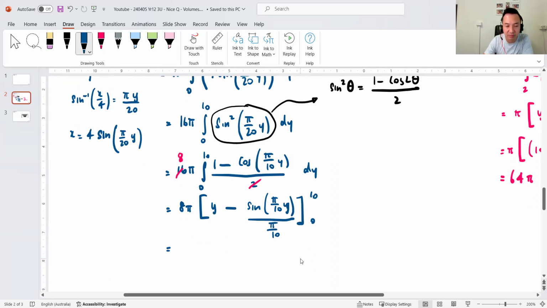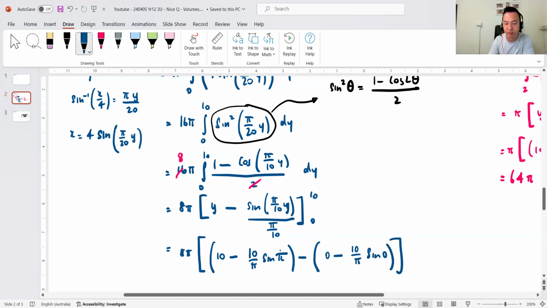Should I clean this up? Put the 10 upstairs then? Maybe not. Right, let's just do it. So 10 minus, now I'll go 10 on pi times sine of 10 in that sine pi, minus 0 minus 10 on pi sine 0.